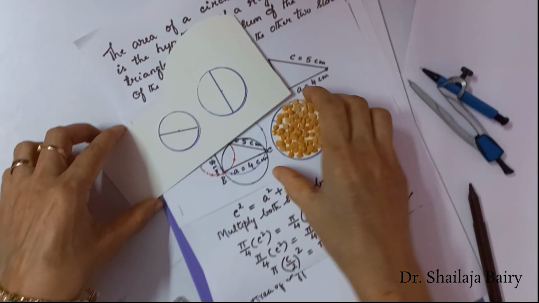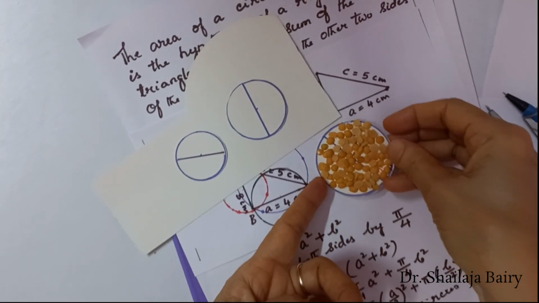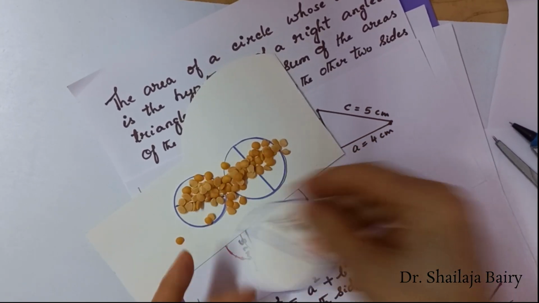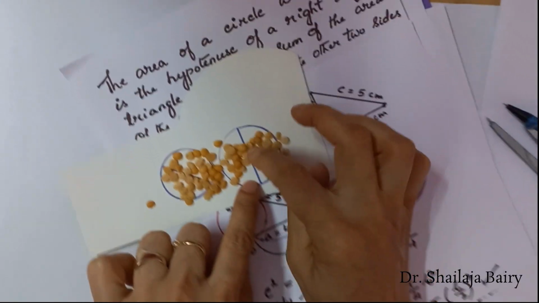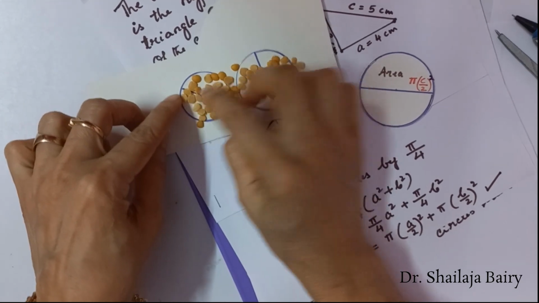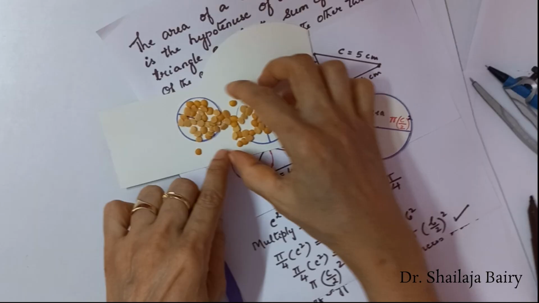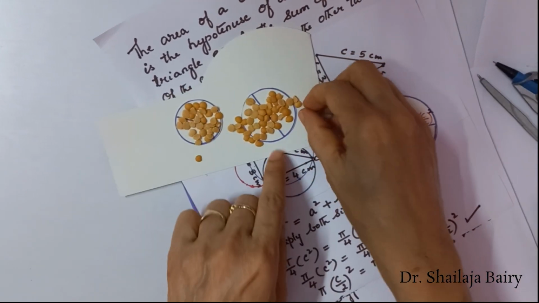Now if I distribute the same into two circles, it will exactly cover the two circles' areas. This becomes the practical verification.